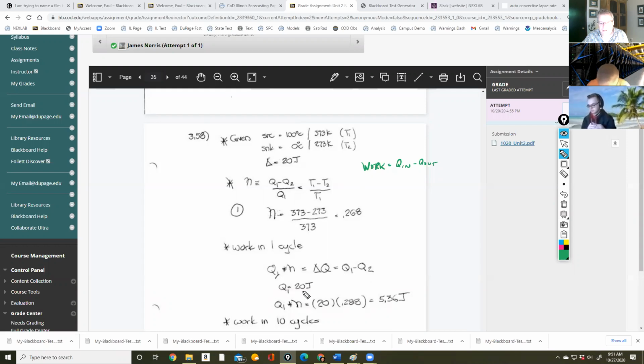And so we say 20, we know the efficiency, we get 5.36 joules. That's the work. Just remember, this engine with an efficiency of 0.268 says we get 5.36 if we are drawing in 20 joules of heat from the source.